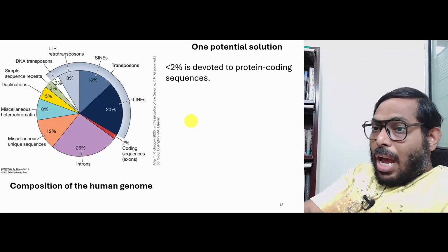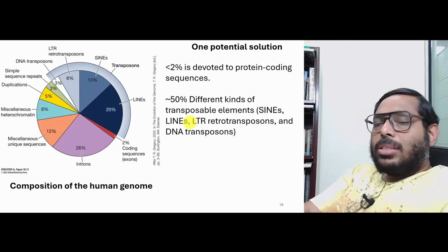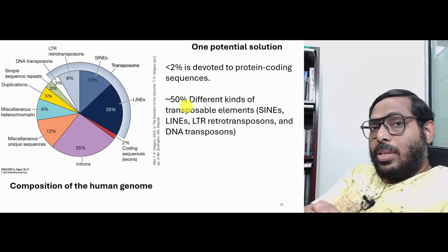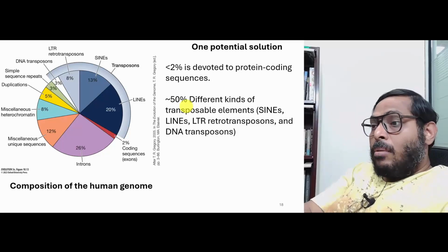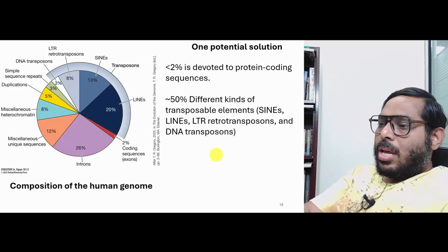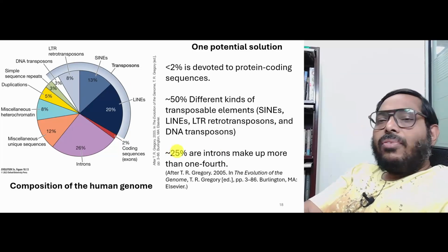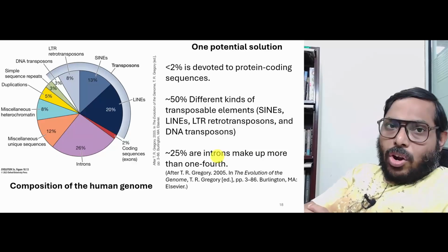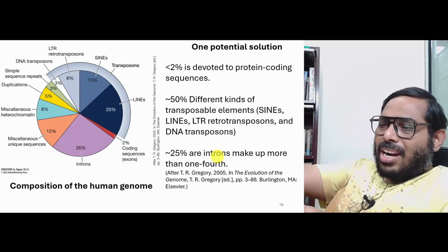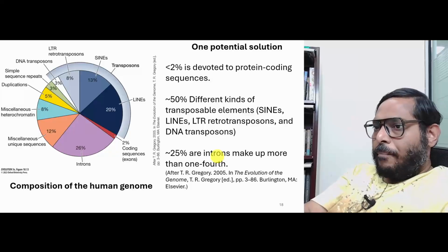So, what are the major things? It turns out that the major things are different kinds of transposable elements, the jumping genes. About 50% of the total genome is composed of these transposons, and then about 25% are introns, which is actually a little more than 25%, to be frank.